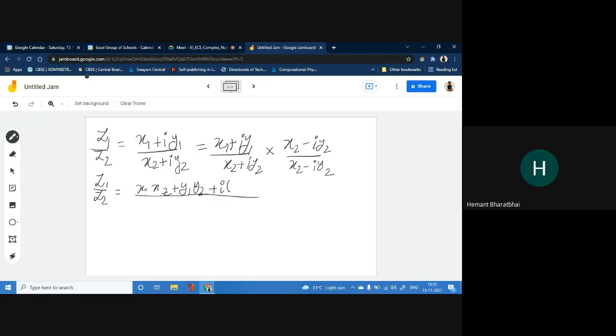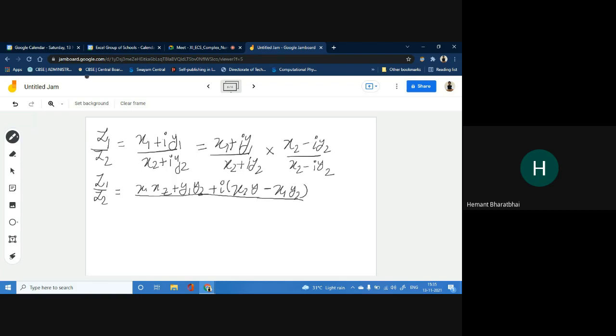So when I multiply this and this, I'm going to get this i common. So this will be x2 into y1. And here you have minus signs, minus x1 into iy2. So that will be nothing but x1 into y2.